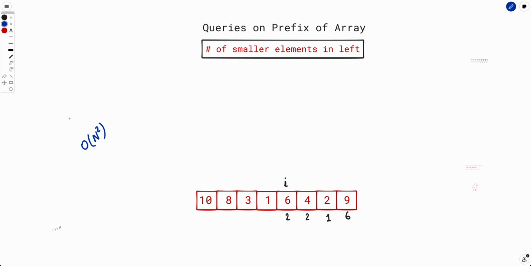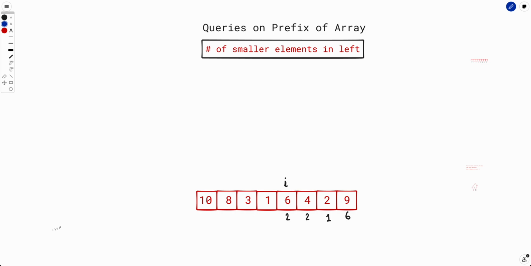So what exactly do we want? Let's say we have to find the answer for index I, where I currently corresponds to 6. So what exactly do you need? You need the number of elements which are smaller than 6.